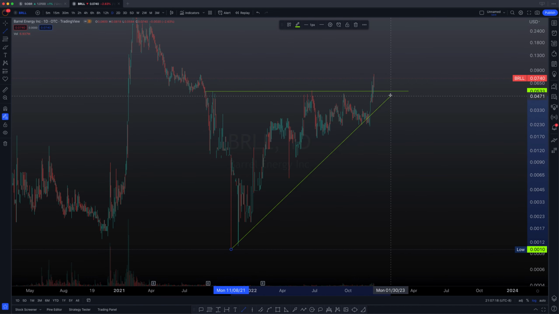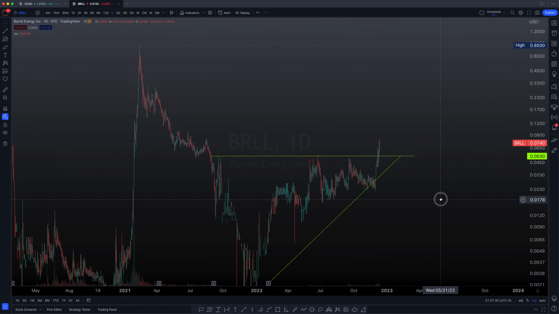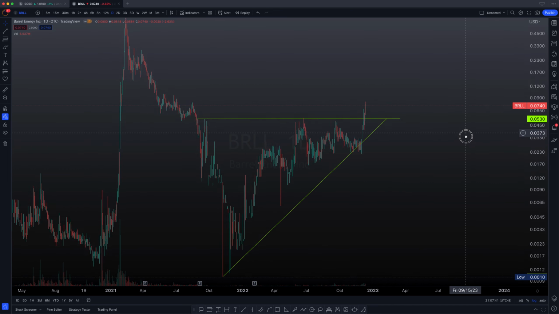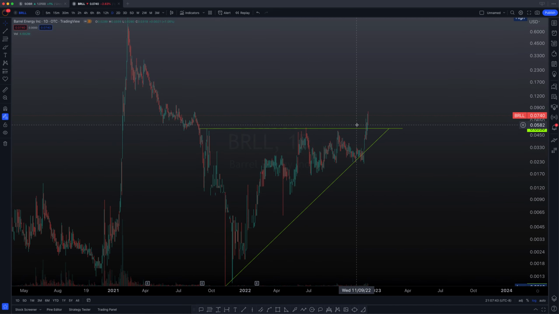So what we're seeing here is an ascending triangle after a downtrend. Usually, when ascending triangles are presented during a downtrend, this can form a continuation to the downside. In other words, this can likely be a large bull trap here.